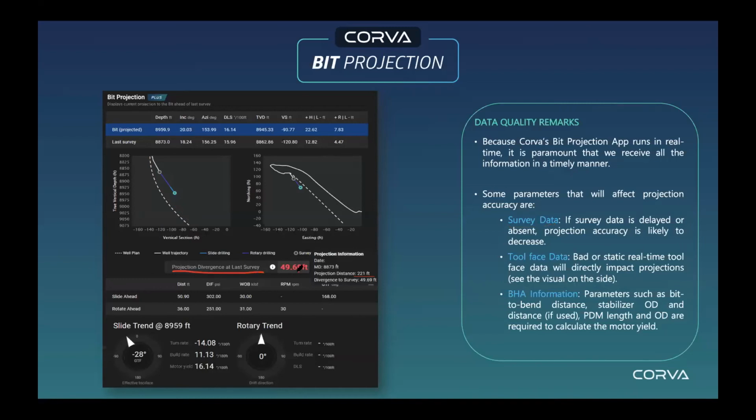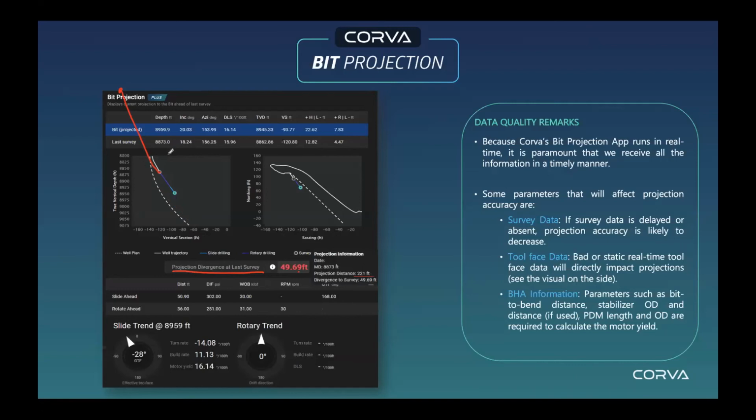Well, what does that mean? When you hover over this, it shows 221 feet. That basically means between this survey and the previous survey, which is probably up here somewhere, that course length is 200 feet. So the divergence to survey, because that course length was so long, was really high.